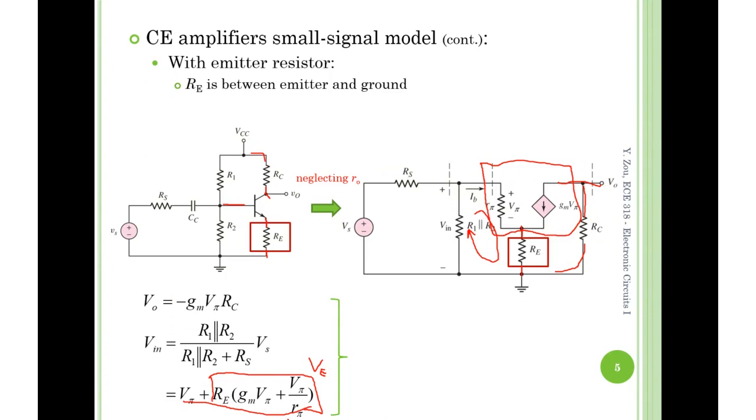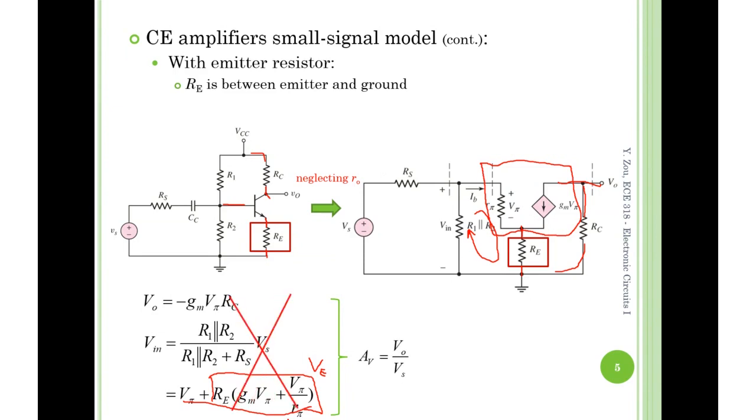Very good, I received a good comment from Kevin. What is wrong? In your voltage divider, you should also be paralleling the sum of R pi plus RE with your R1 parallel R2. Well, close, but not exactly right. Everybody listen carefully, this is kind of important. Look at the screen.